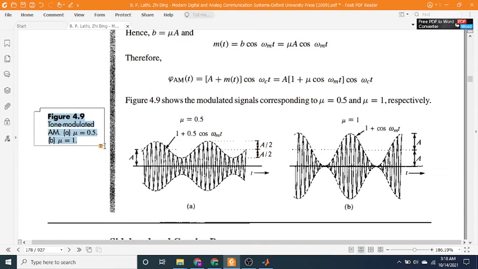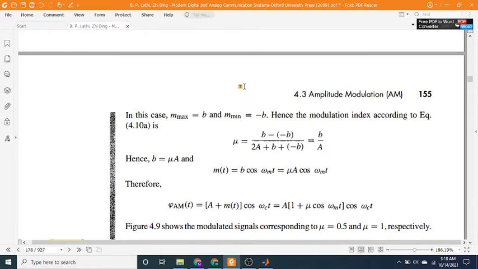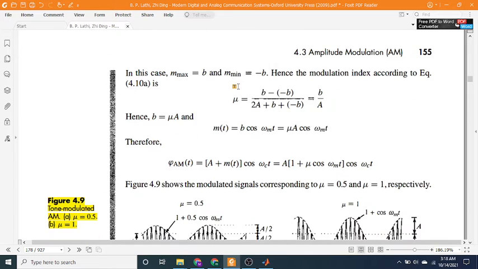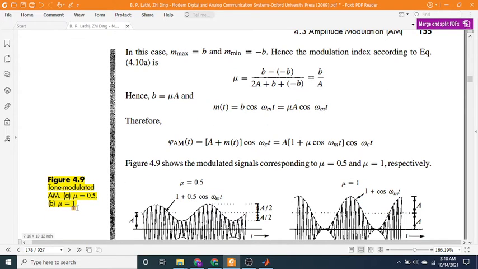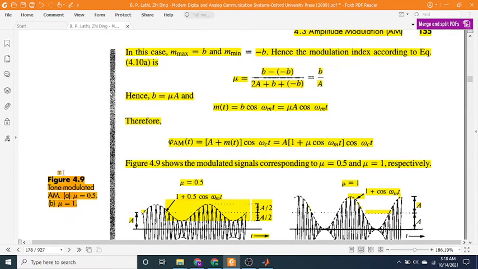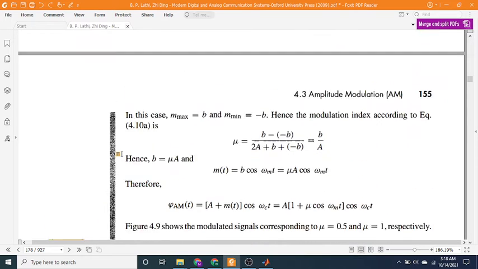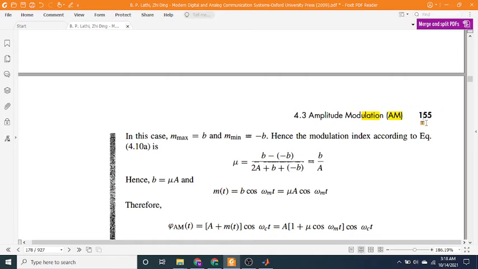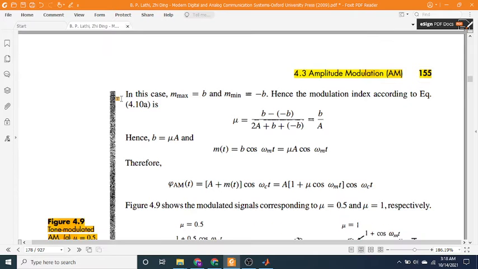Tone modulated AM: (a) μ = 0.5, (b) μ = 1. In this case, m_max = b and m_min = -b.